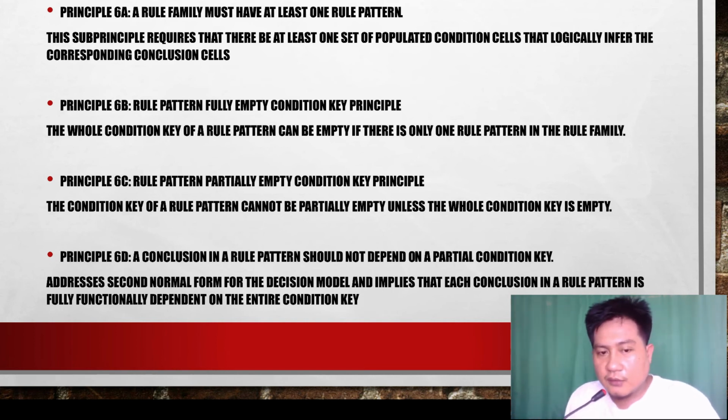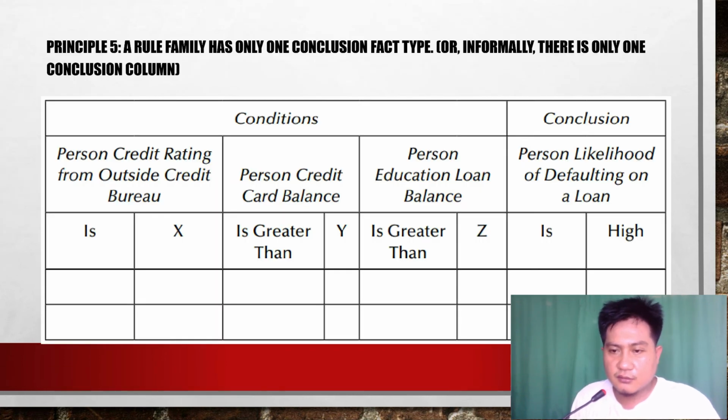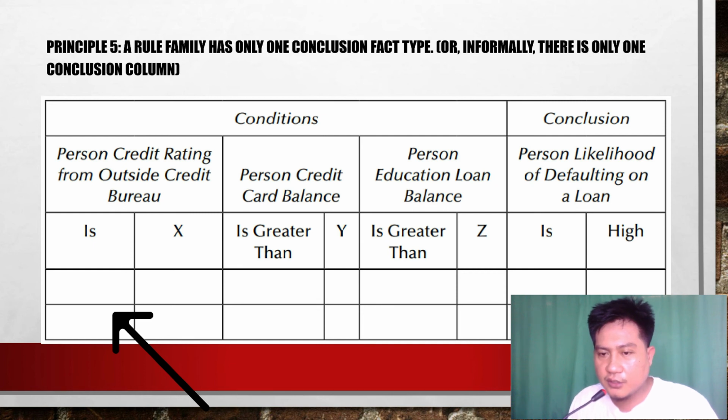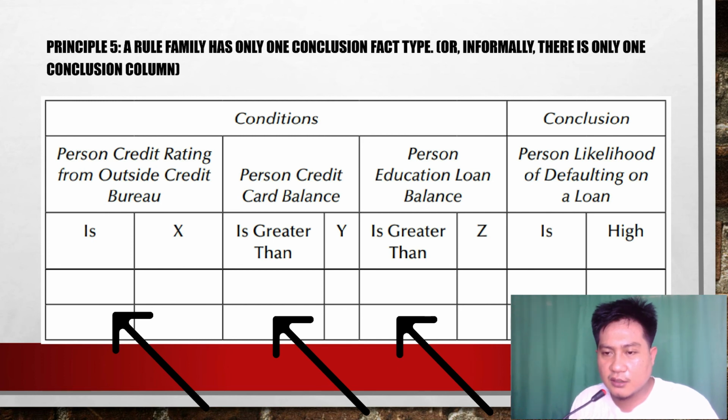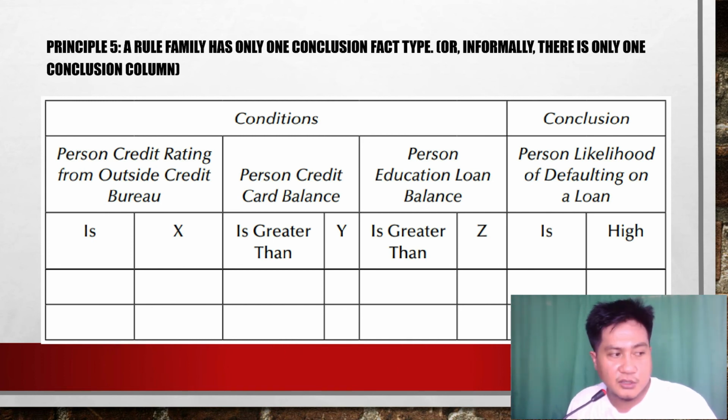So this conclusion here should not depend only on the first condition column, but on the whole condition columns, the first, second, and third, before we can produce a conclusion.